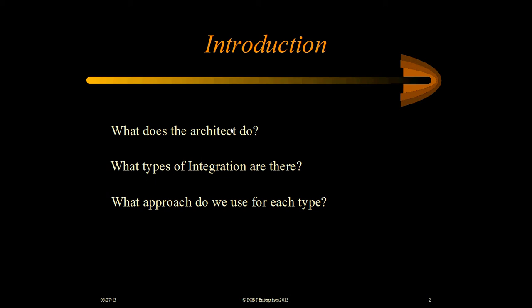Then we'll take a look at each type of integration and look at the specifics of the data architectural approach taken. And once we've done that, we can then spend a few minutes investigating which approach is best.